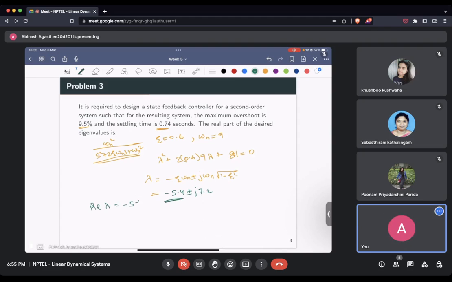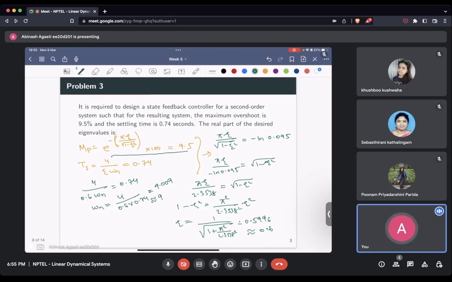Okay. So let's just summarize what we have done in this question. We want to design a state feedback controller for a second order system. And we are given some specifications: 9.5% is the maximum overshoot and 0.74 seconds as the settling time.